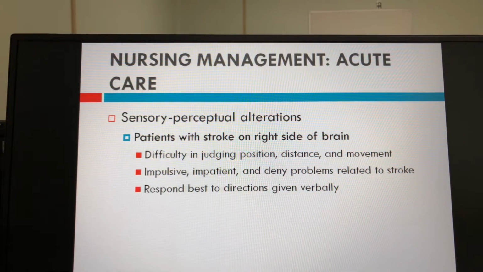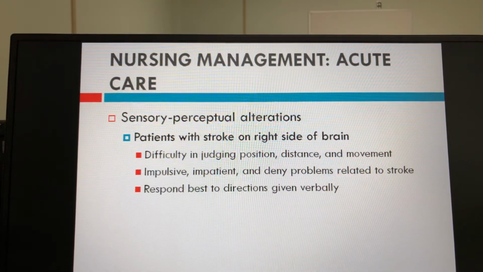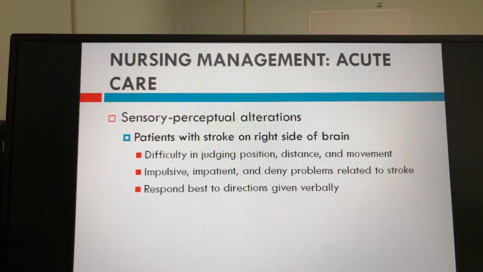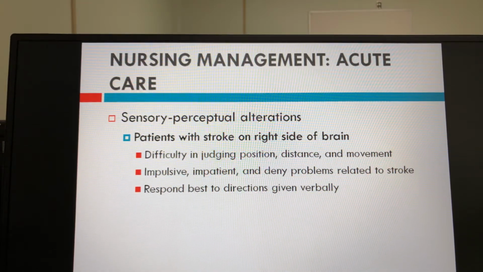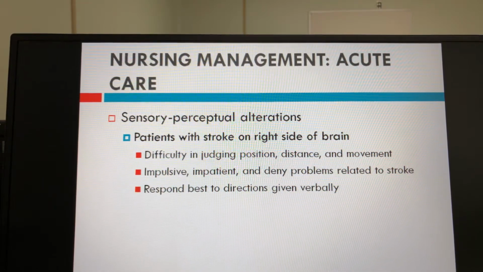Patients with the stroke on the right side of the brain usually have difficulty in judging position, distance, and rate of movement. These patients are often impulsive and impatient and tend to deny problems related to their stroke.